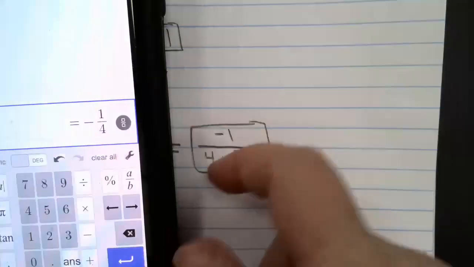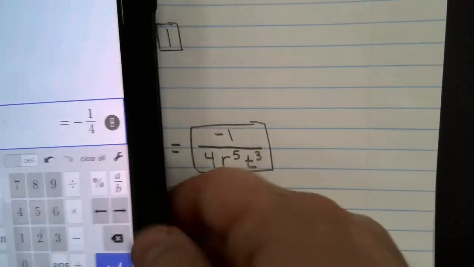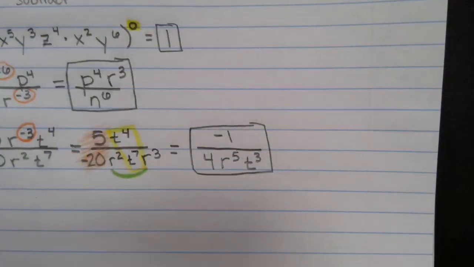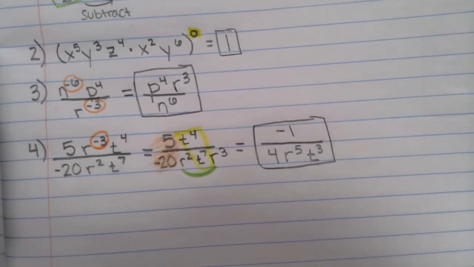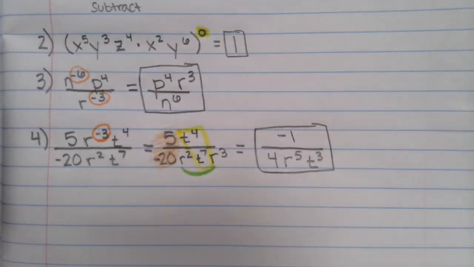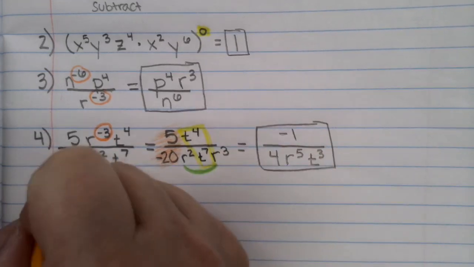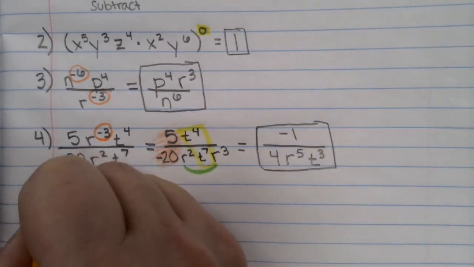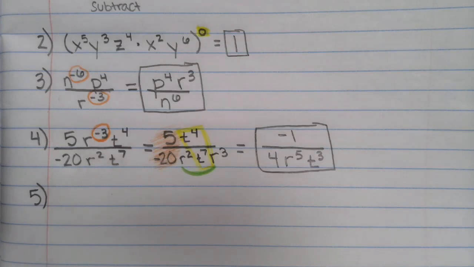All right, we have one more problem. Again, these are multi-step problems, so we're combining all the information we've learned from all the exponents. Last one, number 5.